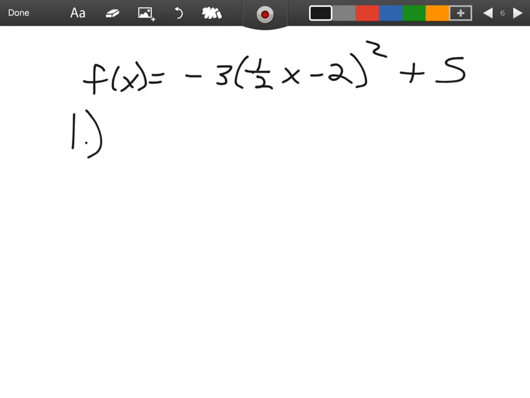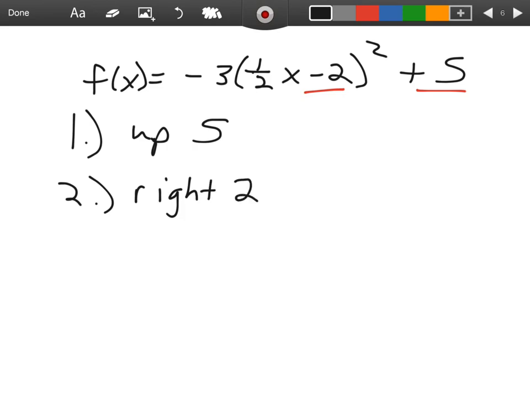So our first transformation is this guy here is going to make it go up 5. Okay. This here is going to make it go to the right 2. Okay. Then I'm going to leave the flip for last.